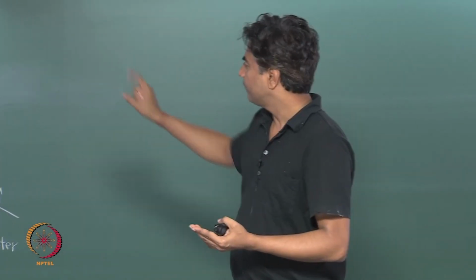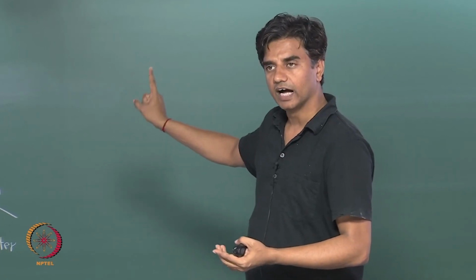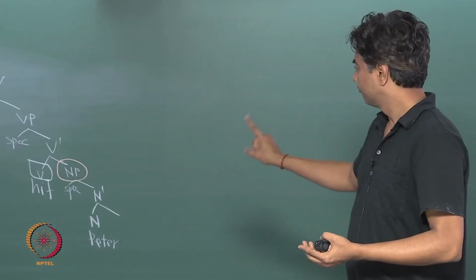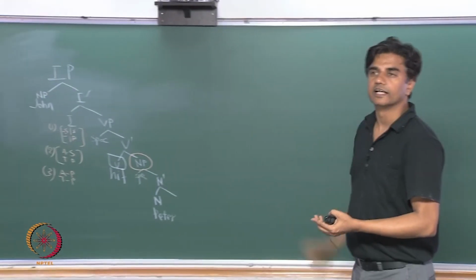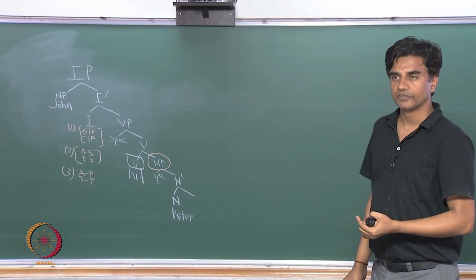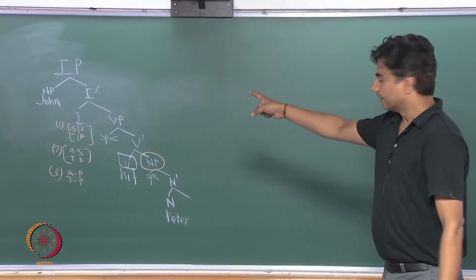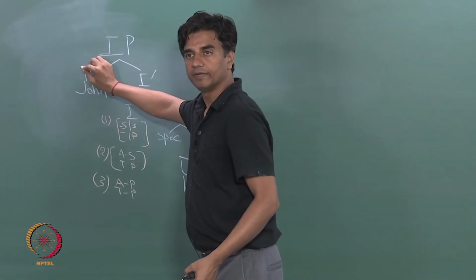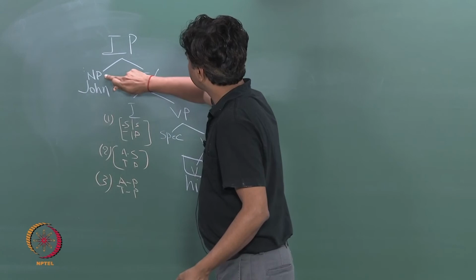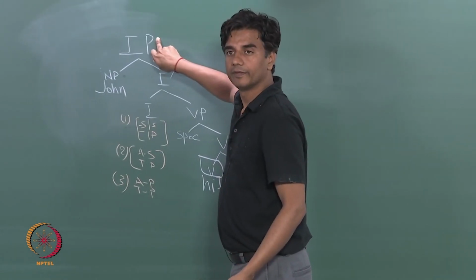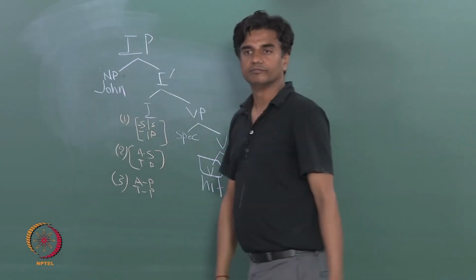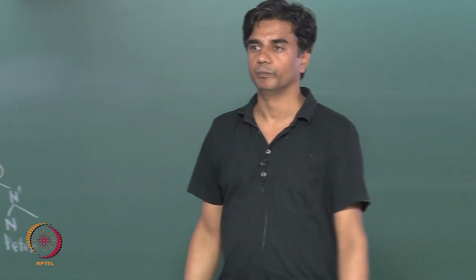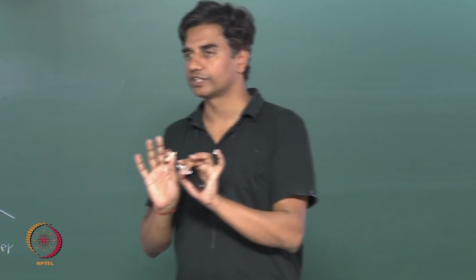IP dominates NP, I bar, I, VP, spec, V bar, V, NP, and likewise. The NP in the spec position clearly does not dominate IP, but does it dominate I bar, given this definition? No. So this is how we need to understand dominance.